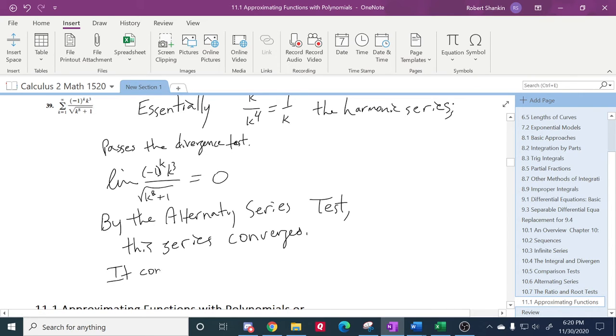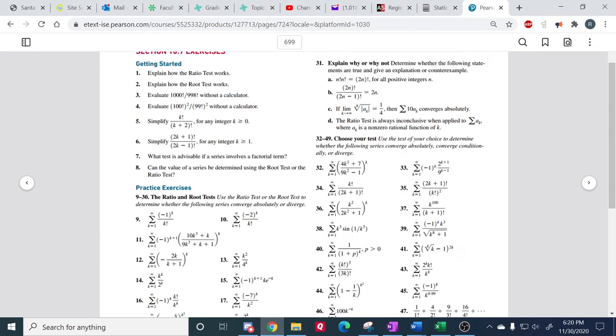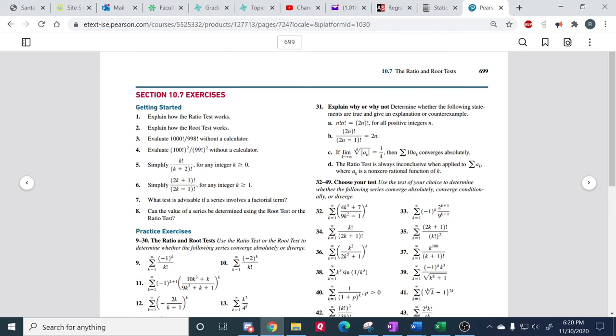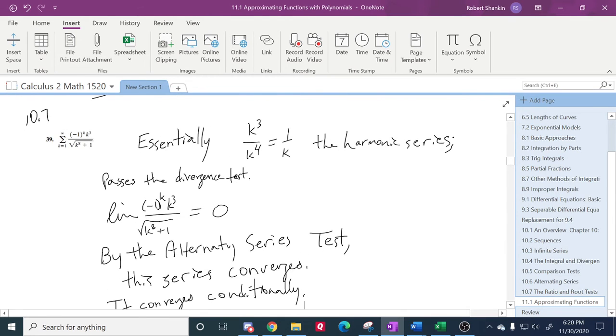Since this is for a root and ratio chapter, I thought that you had to choose one or the other. So this was 10.7, which is the root and ratio test. No, you don't have to. They weren't clear on that though. I can see why you'd make that conclusion.